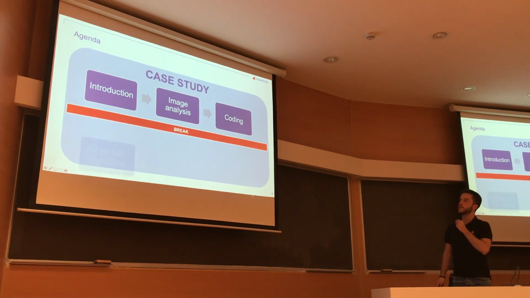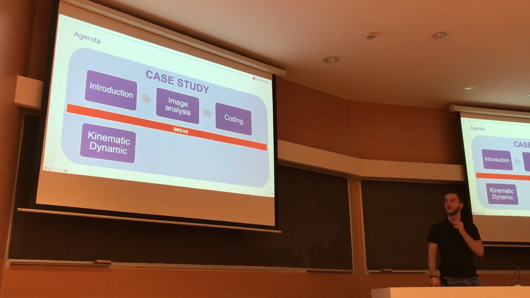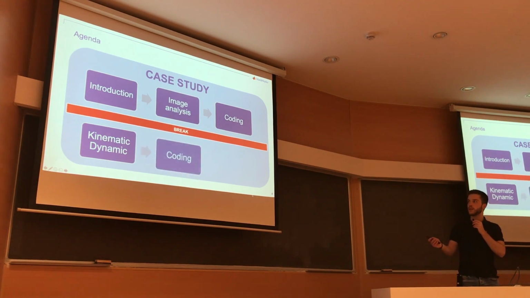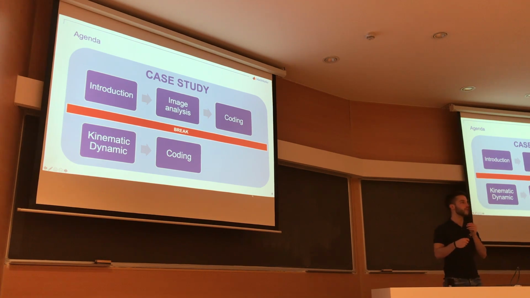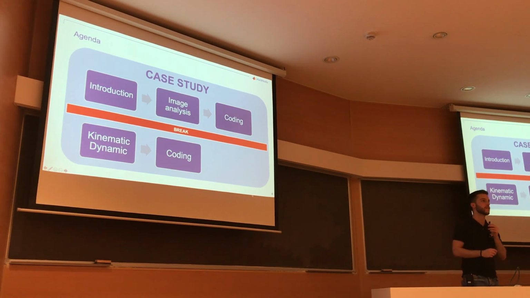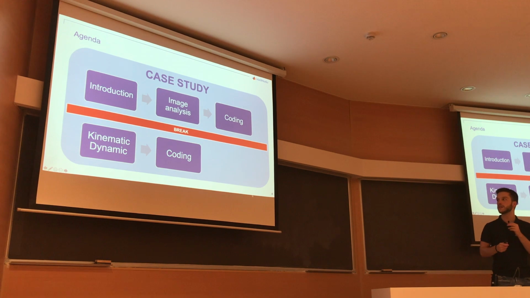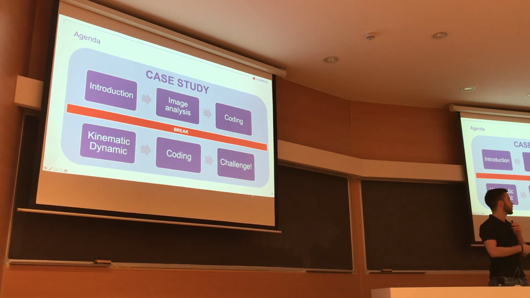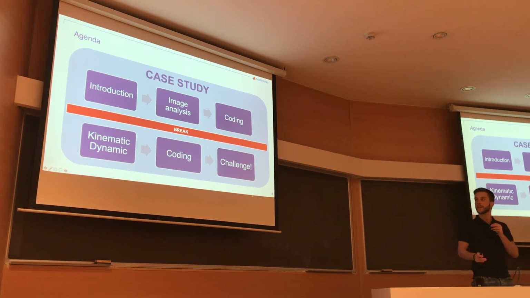After that, the break and the real case study, so kinematics and dynamics of this small robot. The coding, we will share with you. If you go on the Facebook group, there is a link to a folder. If you want to follow along with the coding, download this folder, because you need some basis to start from. And after that, the challenge that is for the prizes.